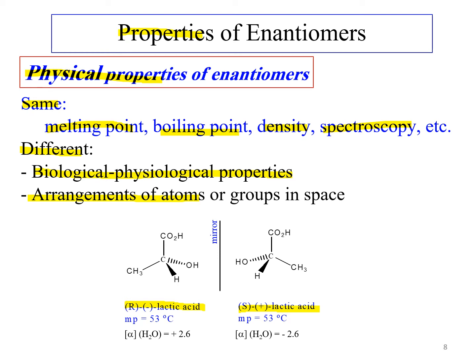Anyways, both the R and the S variety will have the same melting point, as we can see, 53 degrees Celsius, but their arrangement of atoms in space is what is different. They are non-superimposable mirror images of each other.